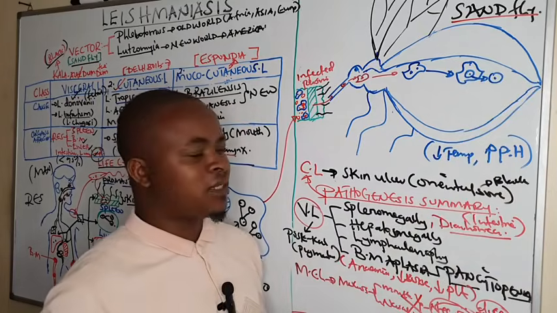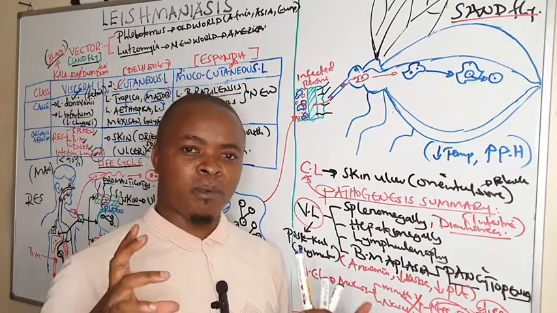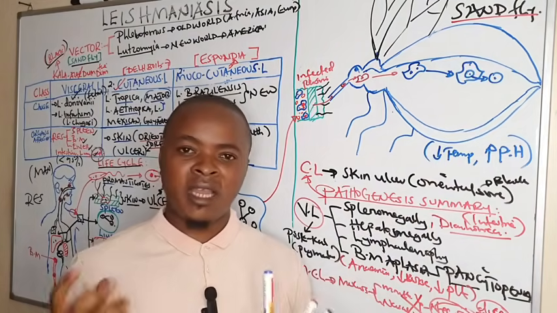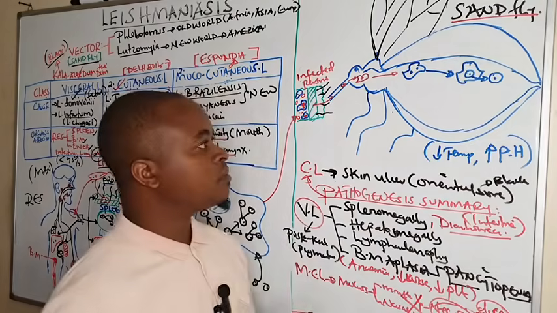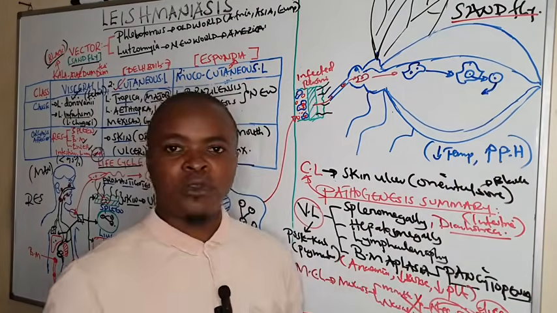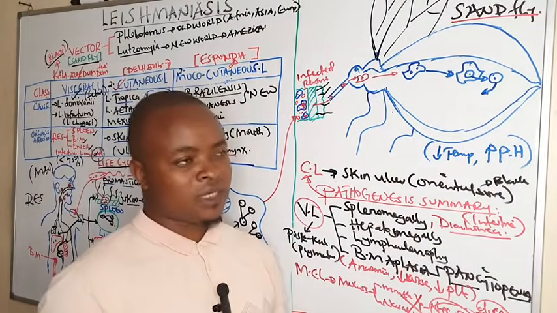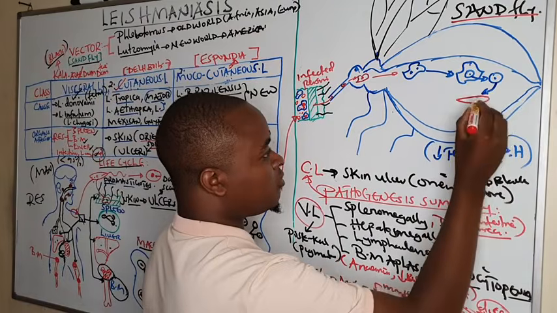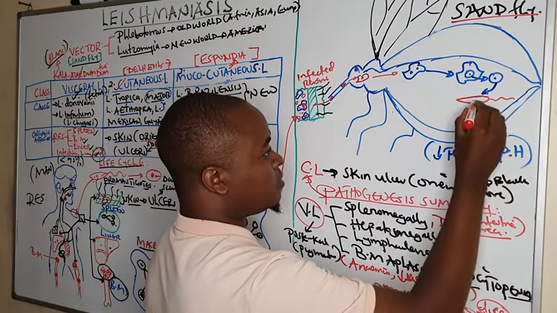And after releasing these amastigotes from the macrophages by digestion within the gut of the sandfly, these amastigotes transform into procyclic promastigotes. They are going to transform into flagellated promastigotes.